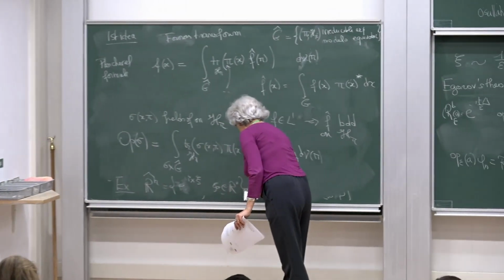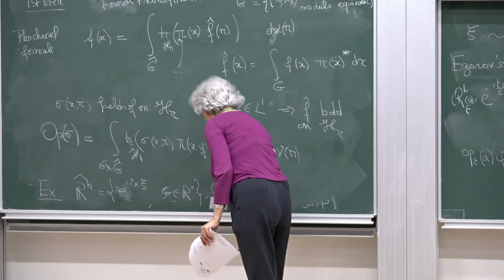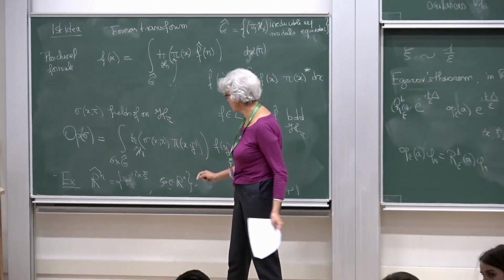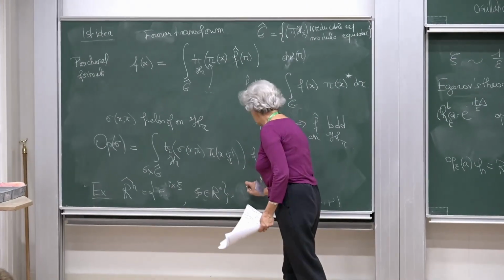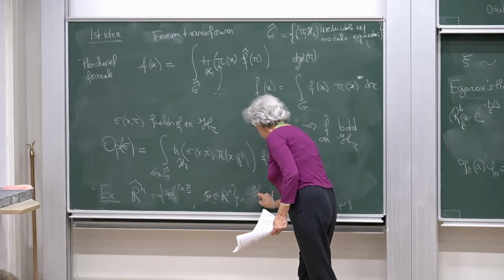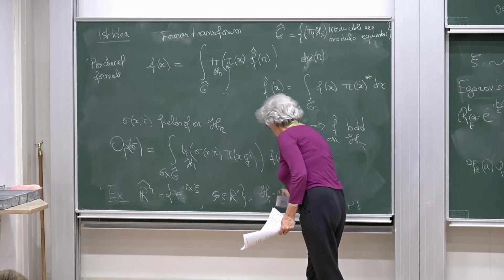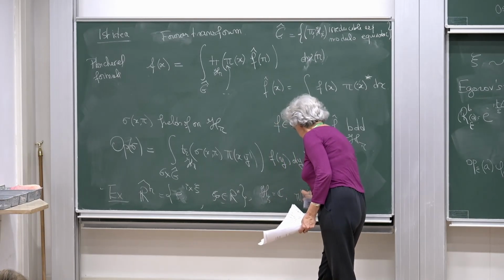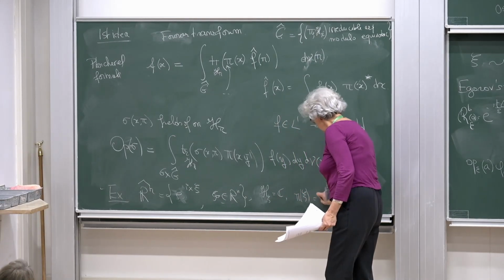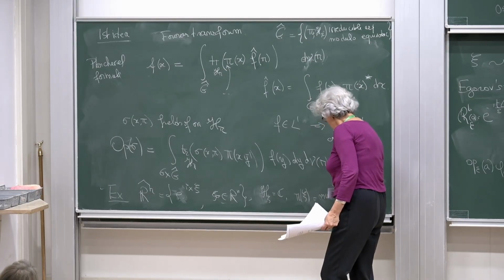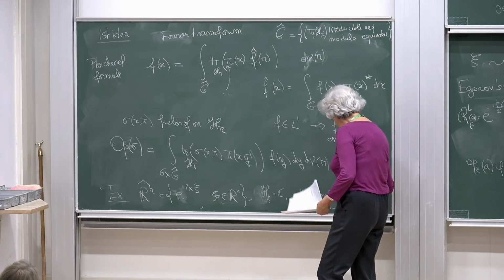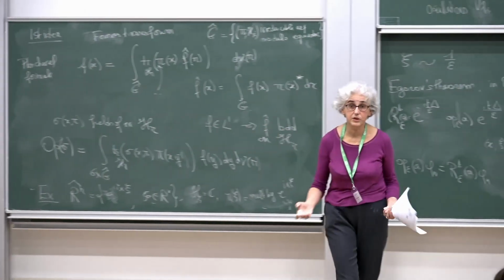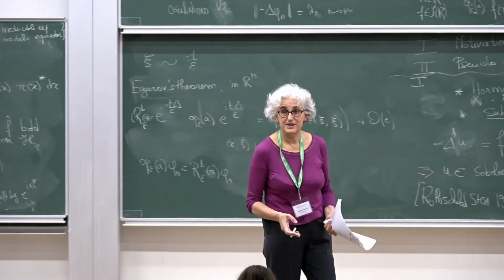The representation h_xi is just C, so it's multiplication. Pi of xi is multiplication, because it's a commutative group, so it's a character.